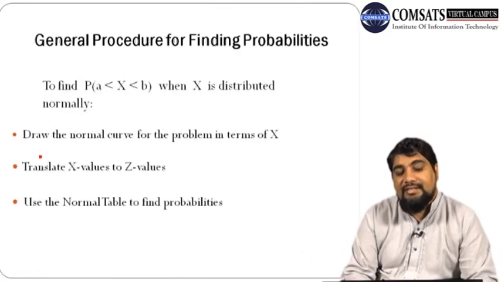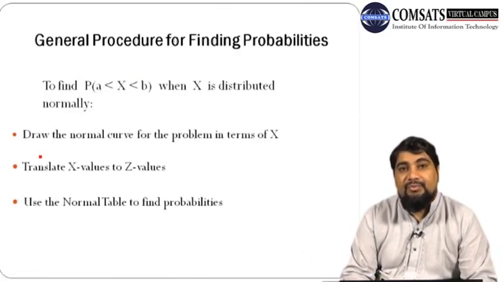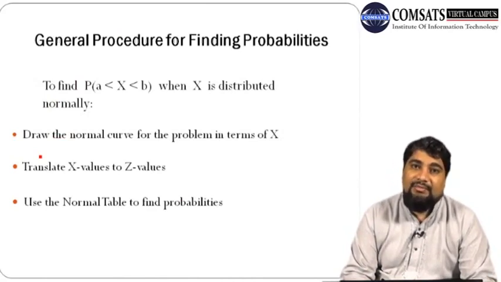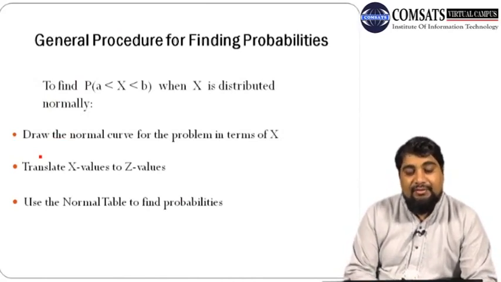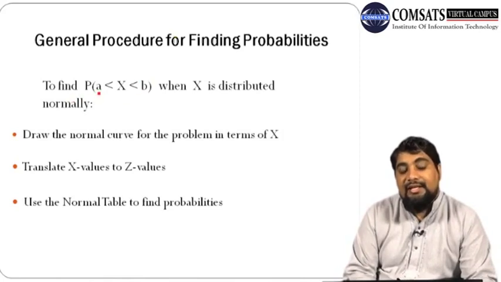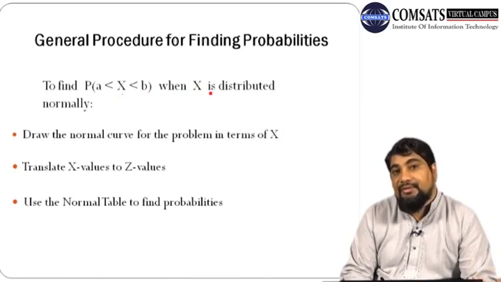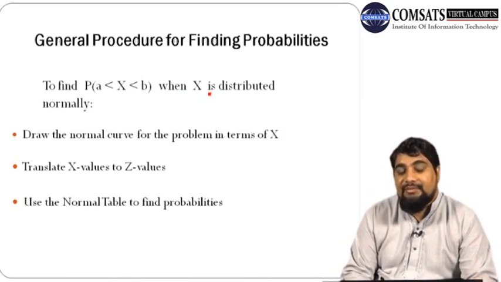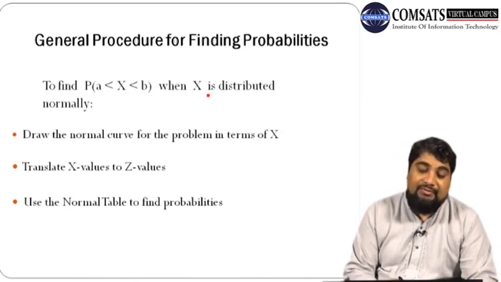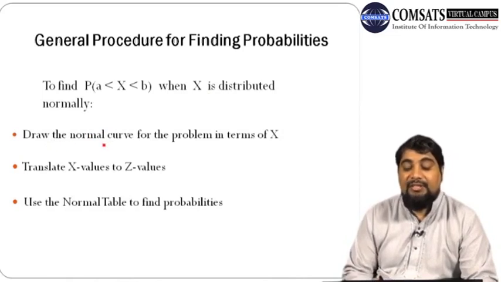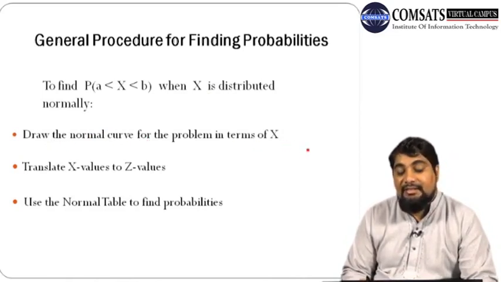Now let us discuss the general procedure for finding probabilities under the normal curve. To find the probability that a is less than x, which is less than b, where x is a random variable which follows a normal distribution with mean mu and variance sigma square, the first step is to draw the normal curve for the problem in terms of x.